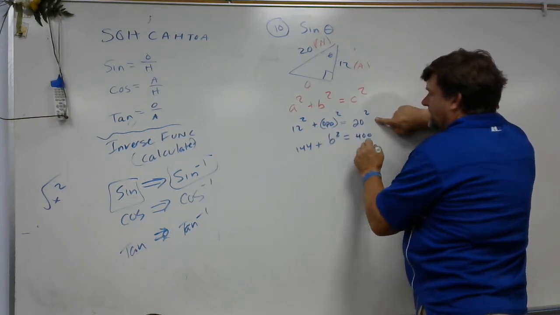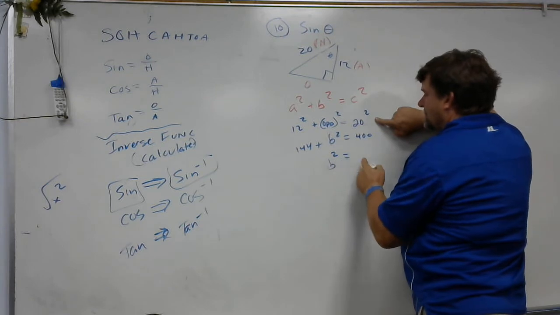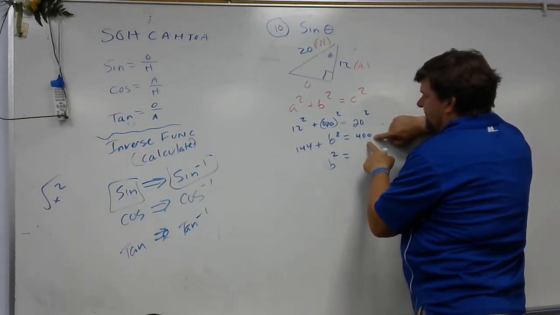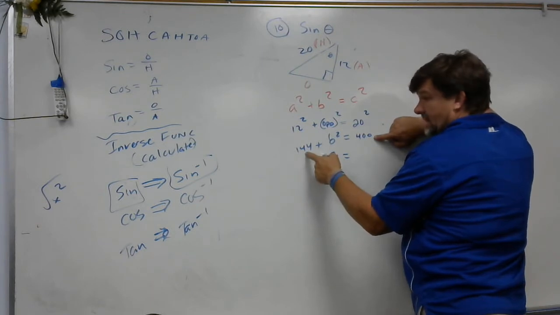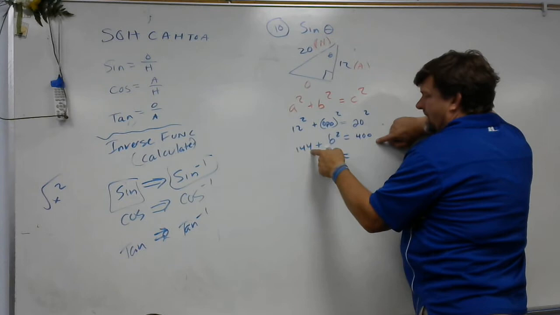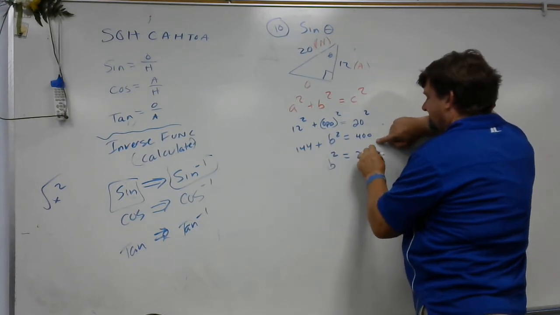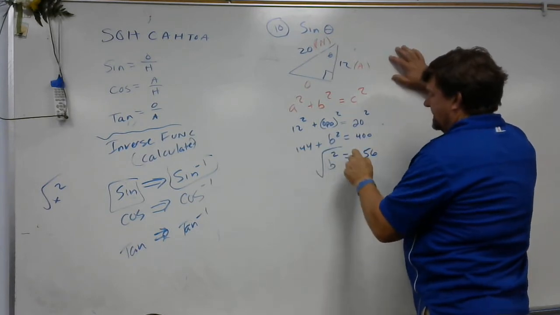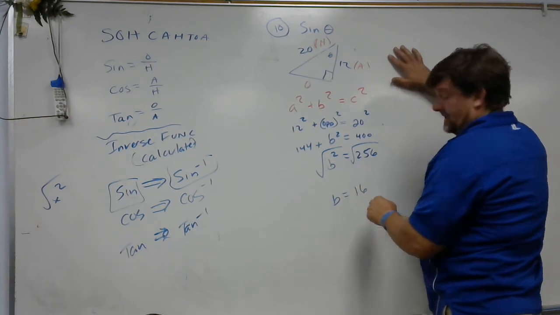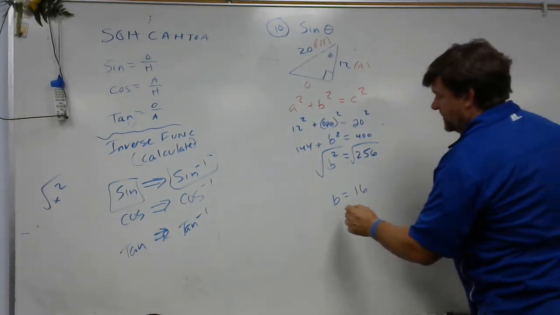Over 400. b squared equals a number. Minus 100 is 300. Minus 40, 300 minus 40 is 260. Minus 4 is 256. Oh, that works out beautifully. And we get b is equal to 16. Check my math. I'm pretty sure I'm right.